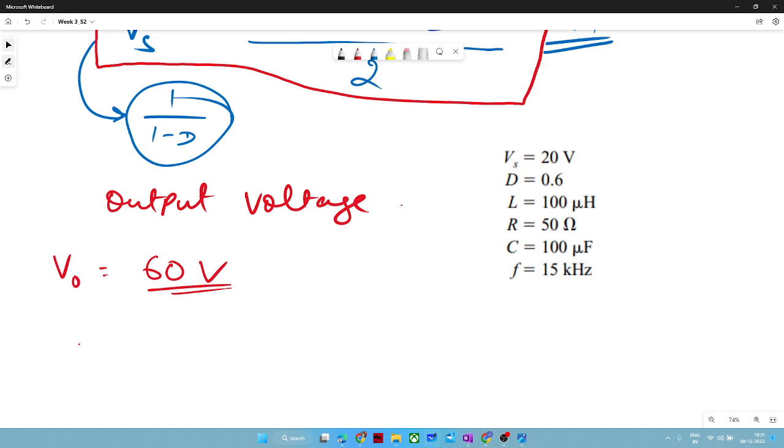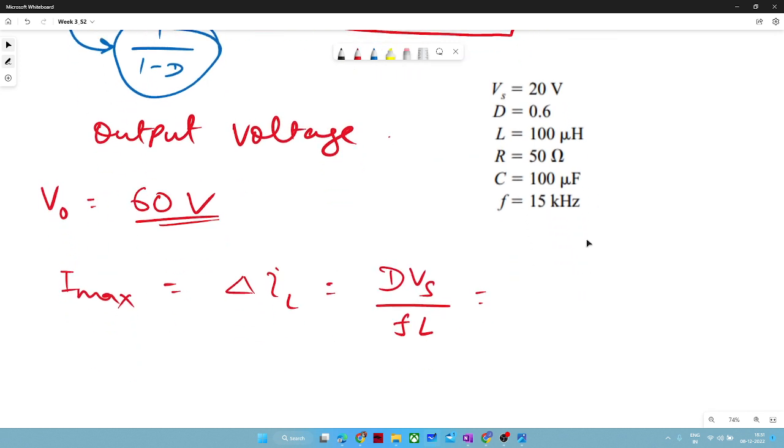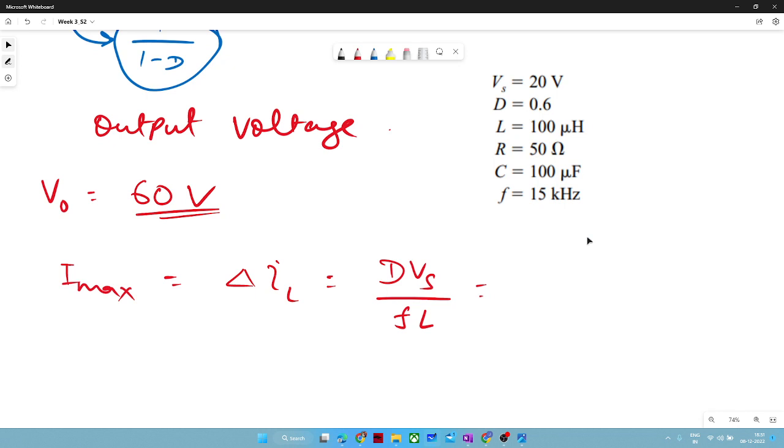And again, in the third part you will be asked the maximum value of inductor current. That will be delta IL, and we have already derived that it is D Vs by Fl. After deriving, and after you do a lot of practice and solve a lot of questions, you will easily remember that delta IL is D Vs by Fl.